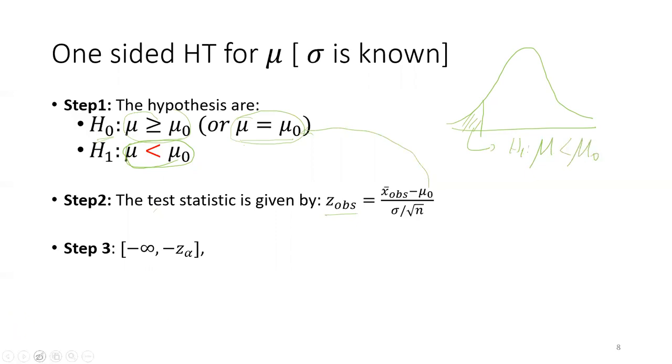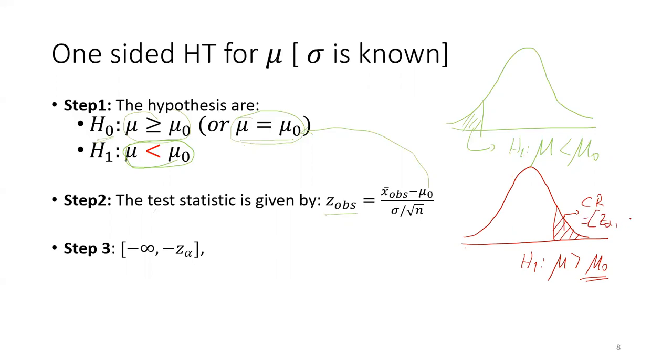If you have mu greater than mu zero, let me plot this, then this should be your critical region. This is when H1 says mu is greater than some scalar mu zero. Your critical region is (z alpha, infinity), right?